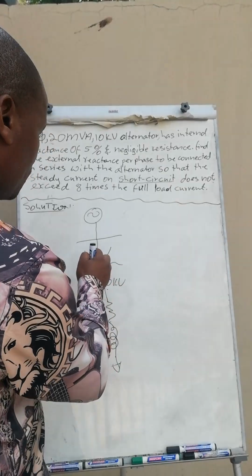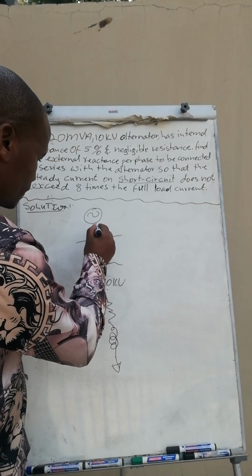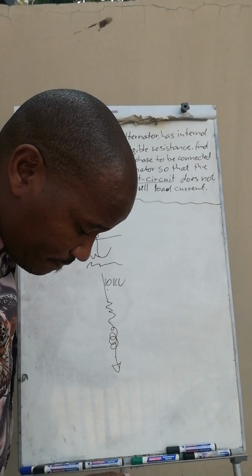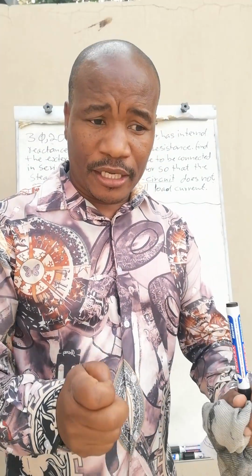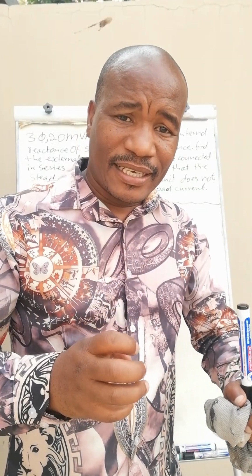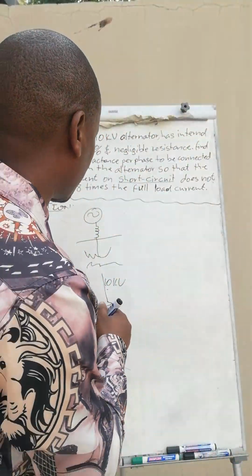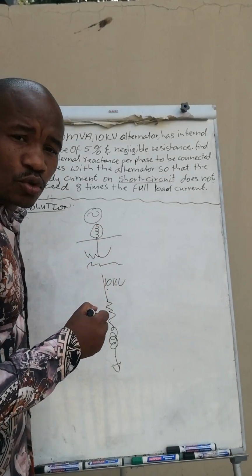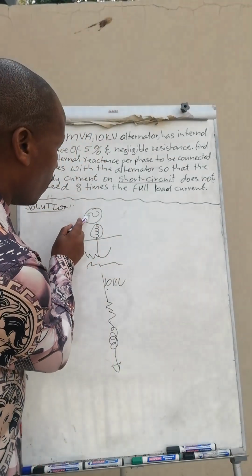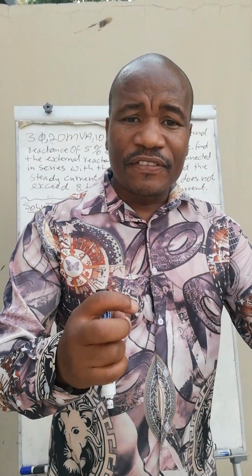But the point I want to make, sometimes we put a reactor there. A reactor is a coil with a number of turns, designed to have large inductance, more than its ohmic resistance. However, in practice it is not a common practice to put in a reactor. Why? Most equipment is built with sufficient reactance to protect themselves from short circuit conditions.